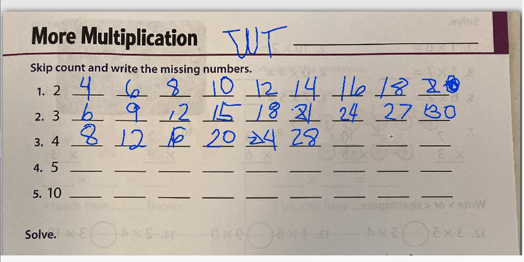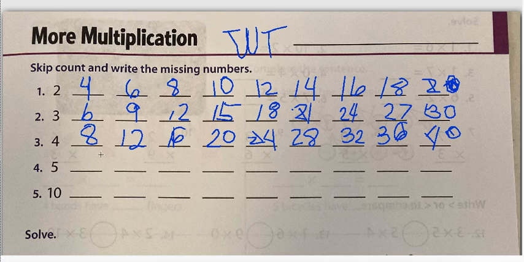And 28 plus 4, we have 32. 32 plus 4, we have 36. And 36 plus 4, we have 40. Let's write number 4 here. And 0 right there.